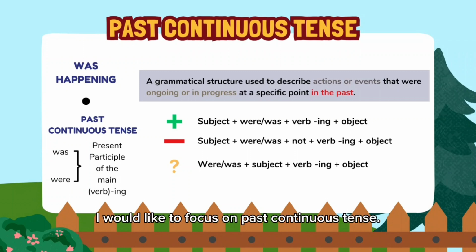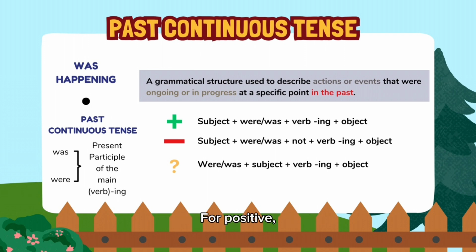In this game, I would like to focus on past continuous tense. But before that, what is it? Past continuous tense is a grammatical structure used to describe an action or event that was ongoing or in progress at a specific point in the past. There are three types of past continuous tense: positive, negative, and question.